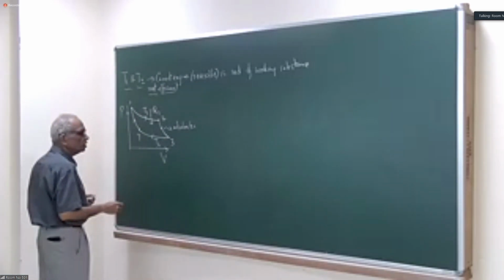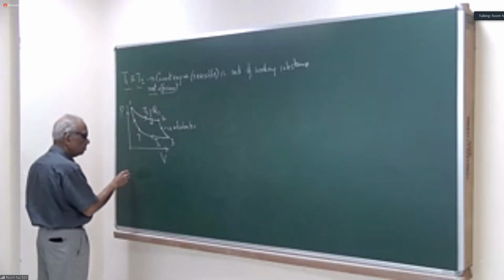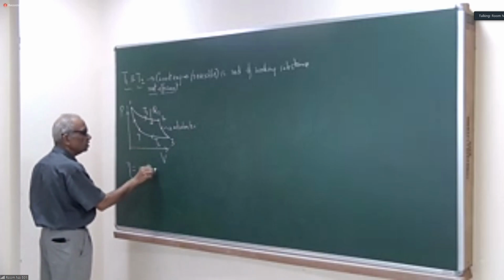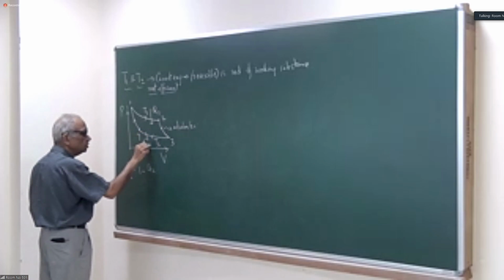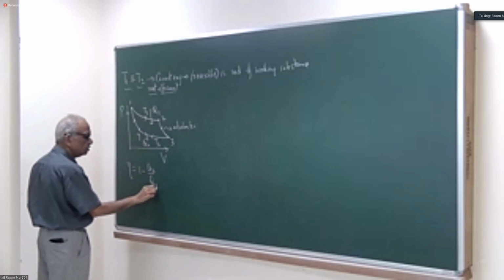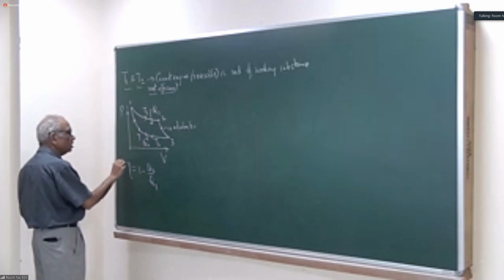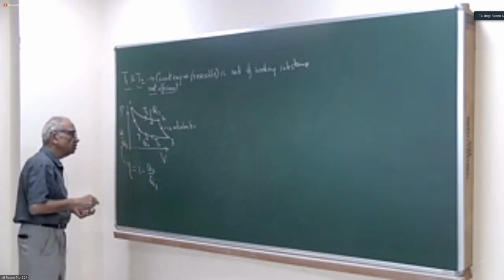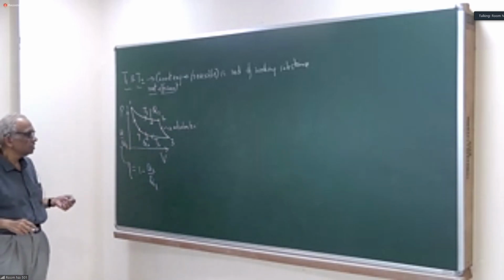And this business of efficiency is now 1 minus Q2 divided by Q1, because it comes from the work done divided by the amount of heat taken in.